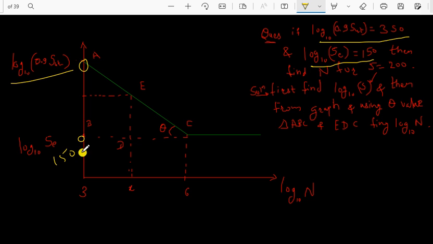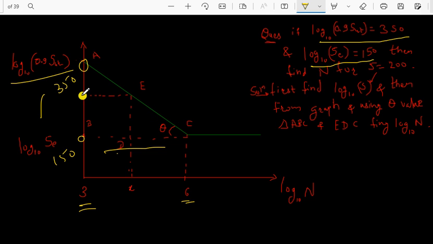I am writing the values themselves. This is 350, and you know the life cycle here. After taking the log, you will get this value 6. Log base 10 of 10 to the power 6 will be equal to 6, and similarly here 3. Now if you know this side, you can find the theta.